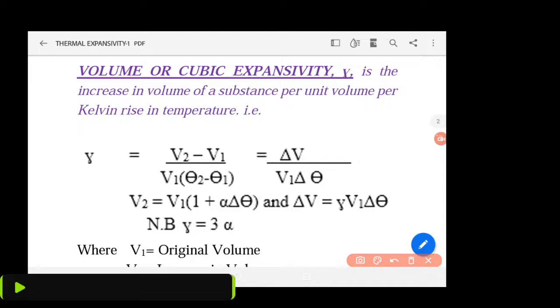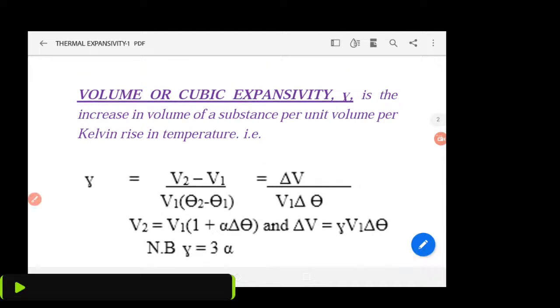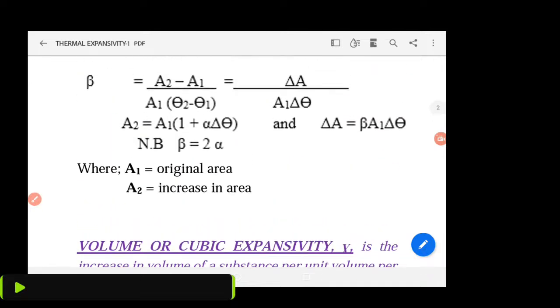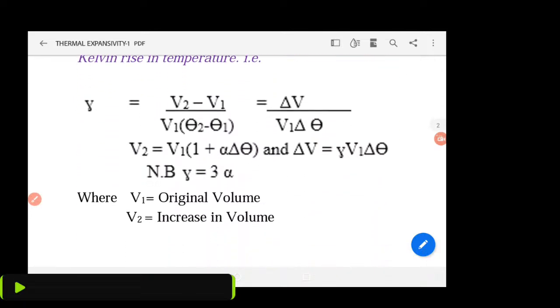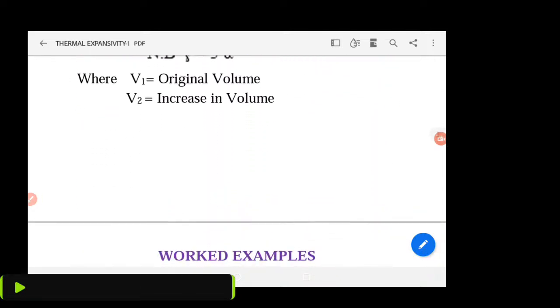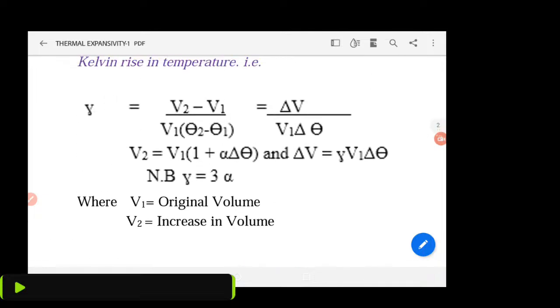Also when linear expansivity is given and we need superficial expansivity, we multiply by 2. From here I think we can quickly consider a few examples before we move on.